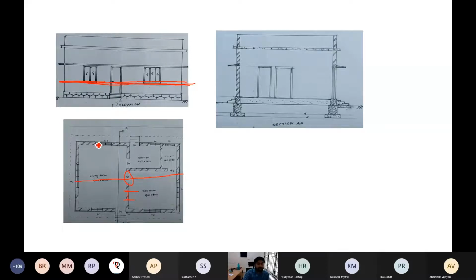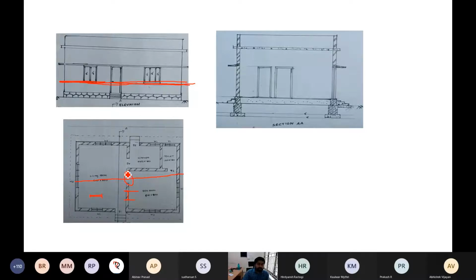Then one more thing, in the plan normally you will represent a window in such a way that you draw two lines like this. This is the way you have to show the position of the window.